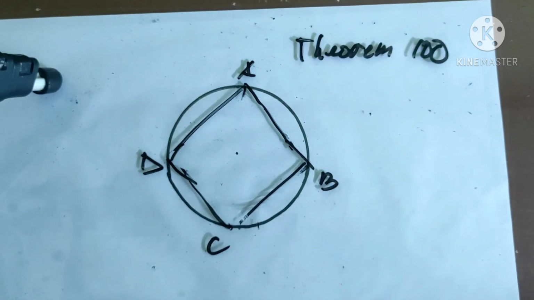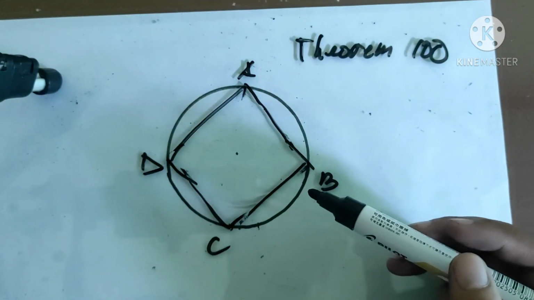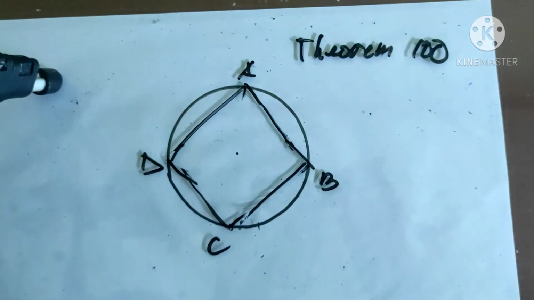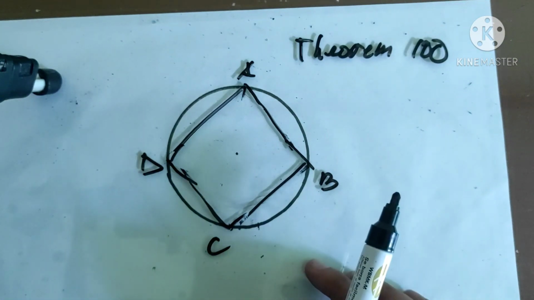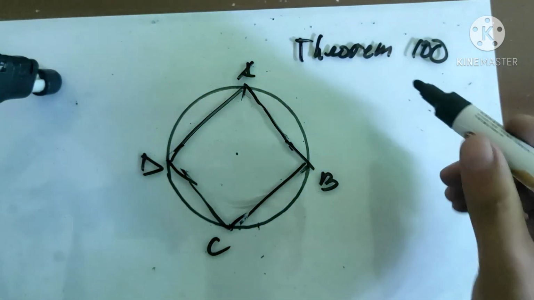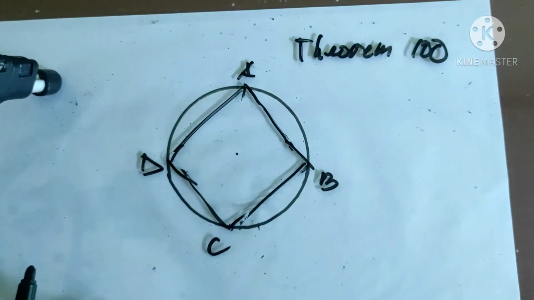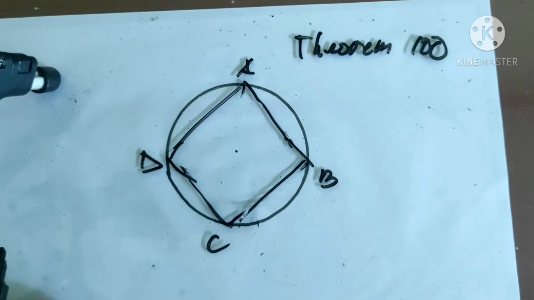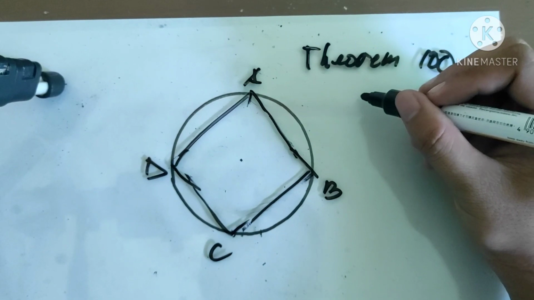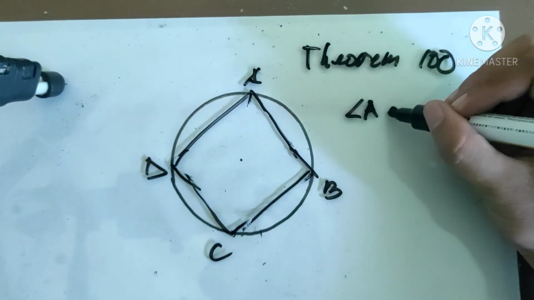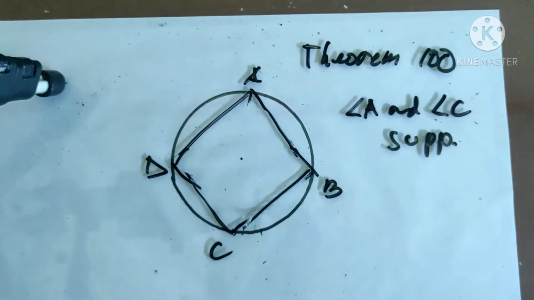So, if we have this quadrilateral ADCB, okay? Nasa loob siya ng ating circle, meaning it is inscribed. Okay? So, meaning, opposite angle ng iyong inscribed quadrilateral is supplementary. Okay? So, meaning, si angle A at saka si angle C is supplementary.